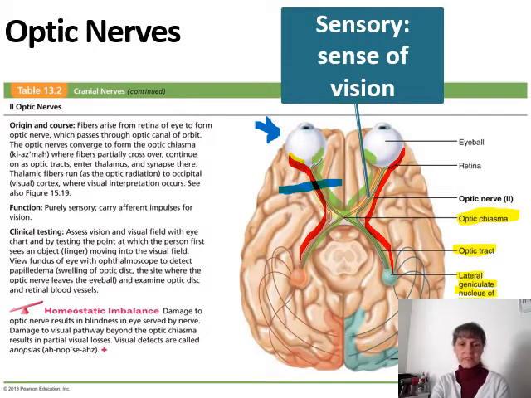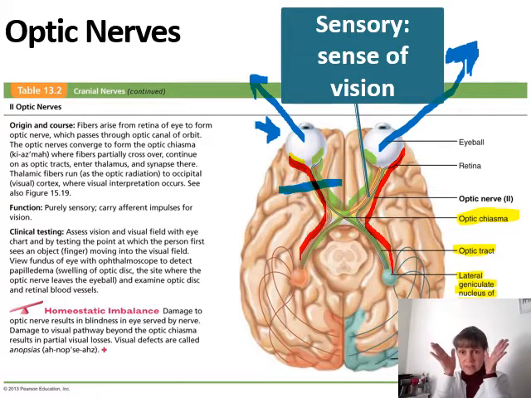If there is damage to the optic chiasma, where the medial fibers cross, the medial fibers actually pick up peripheral vision. And so that will create a loss of peripheral vision, which is referred to as bilateral hemianopsia.